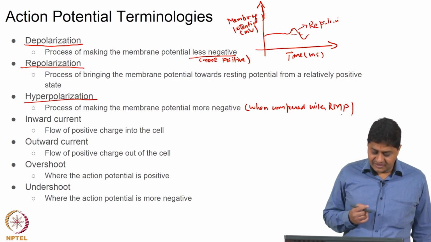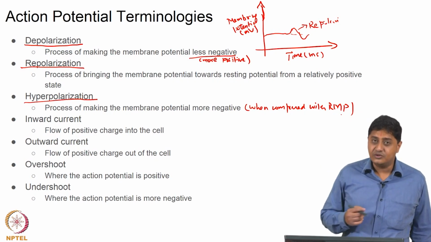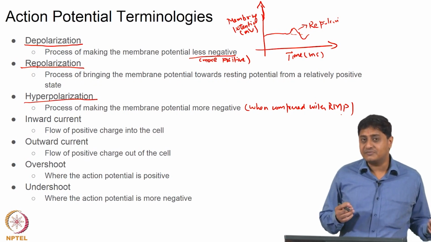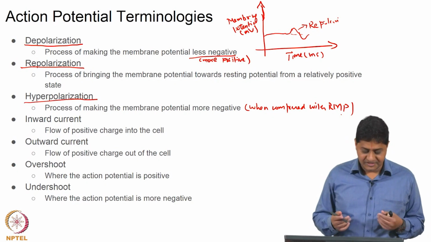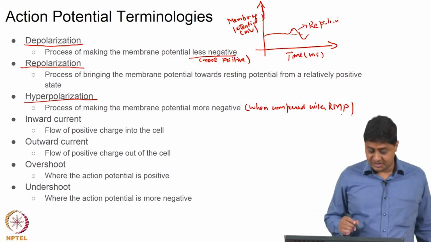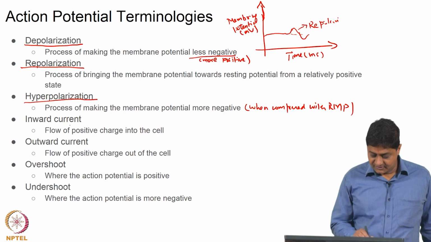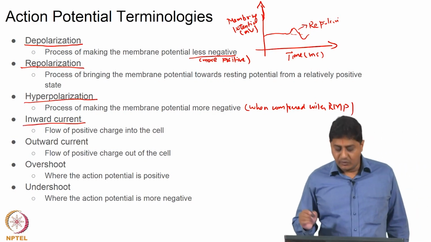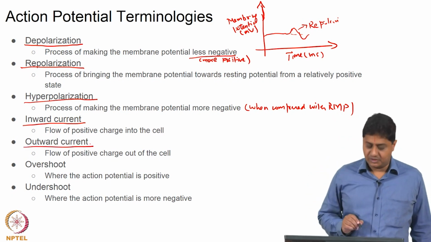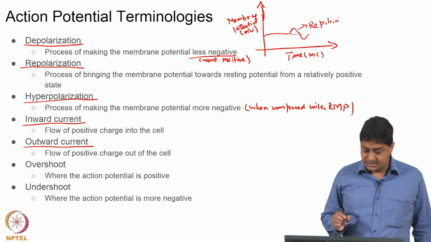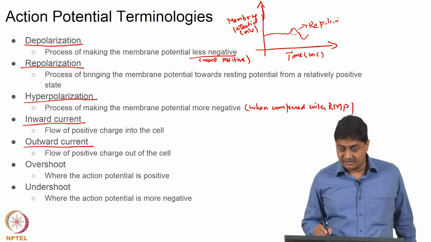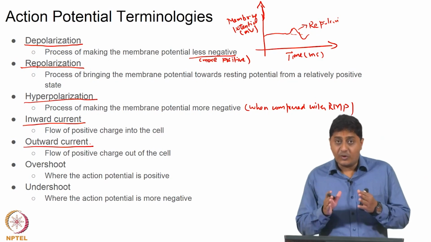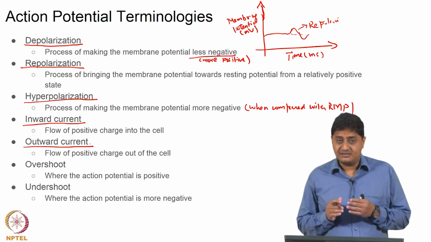So, if a lot of positive charge flows into the cell, then what happens? Then the membrane potential becomes less negative or more positive. The flow of positive charge into the cell is called inward current, and the flow of positive charge out of the cell is called outward current. We already described that there are channels that are open at certain times, and suppose there is a sodium channel that is open.